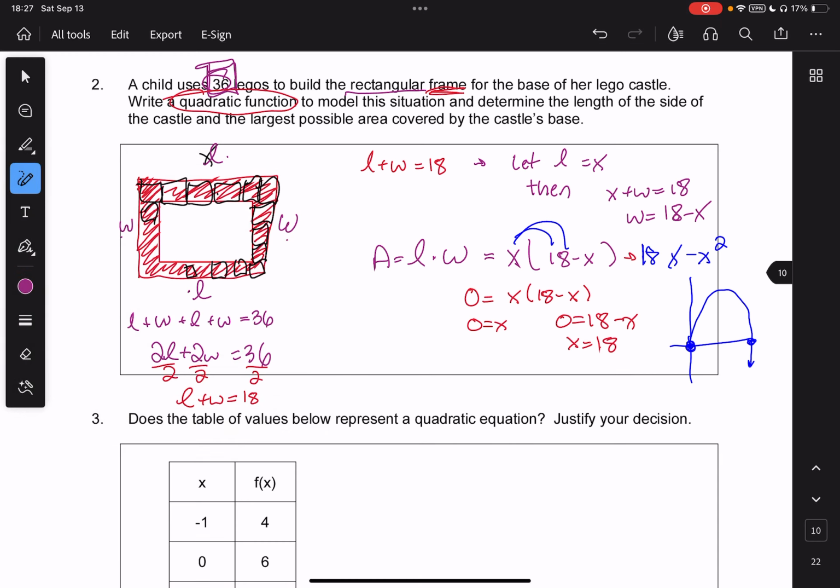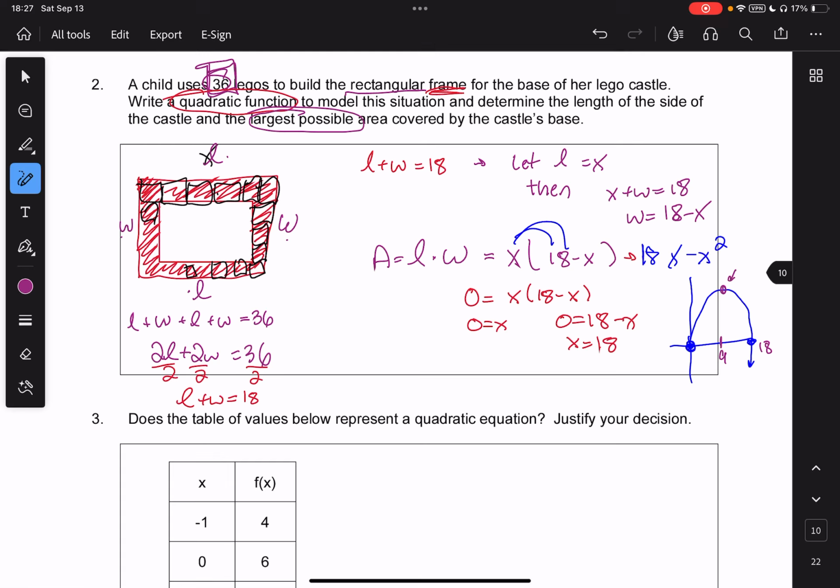That's just a rough graph of what we just did. Our vertex is in the middle. What's the middle of 18? 9. Half of 18 is 9. So since our vertex is at 9, this is our maximized area. This is the maximum over here, or 9. This question's a bit tricky because it's asking for the largest possible area.